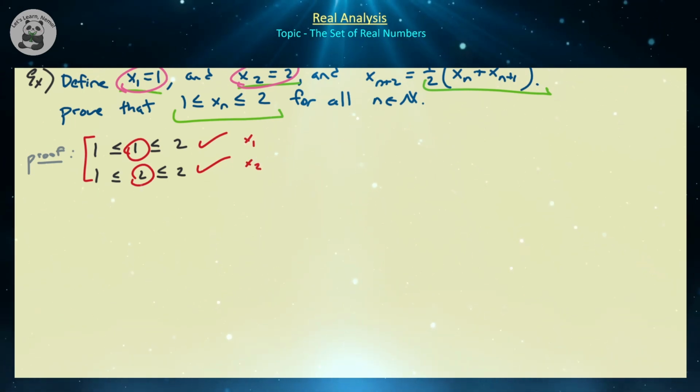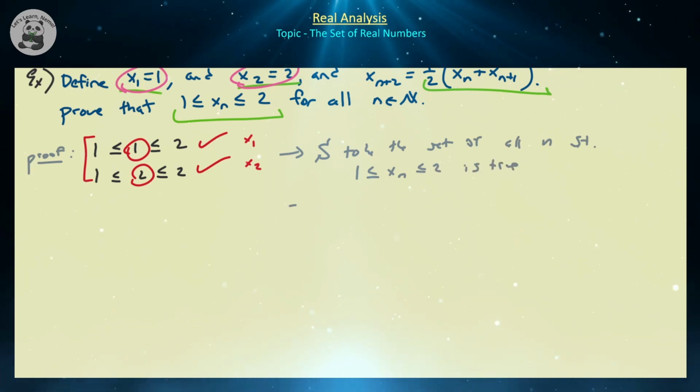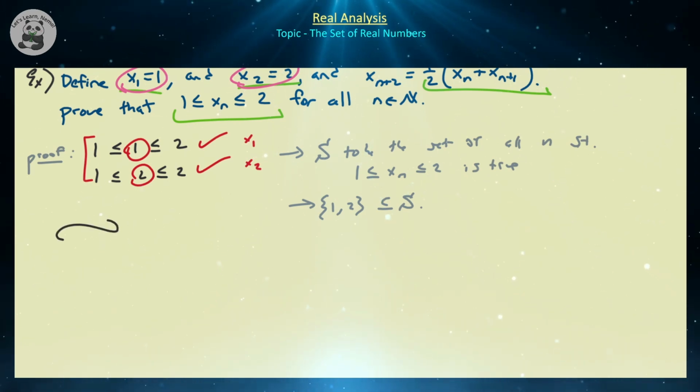So that means that if we define S to be the set of all n such that 1 is less than or equal to xn is less than or equal to 2, then we have that 1 and 2 belong to the set S. So {1, 2} is a subset of S, right? Now let's, out of curiosity, check the next term just to see if that's true, because if that's false, then the entire thing is false.